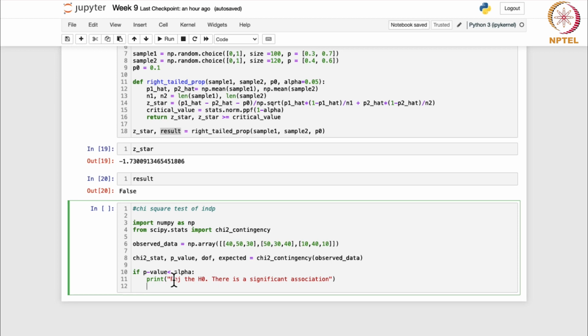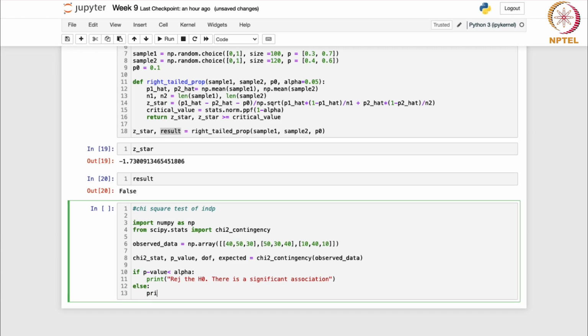Else, what will it print? Else print: fail to reject the null hypothesis, no significant association.